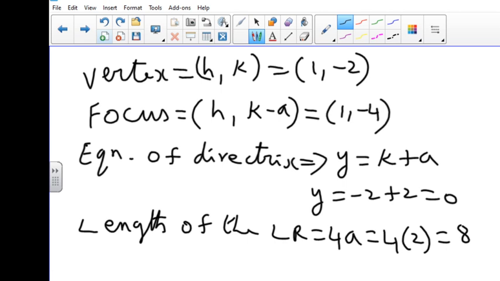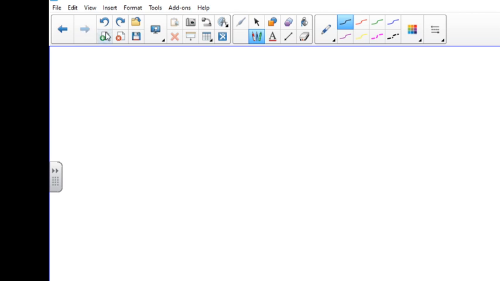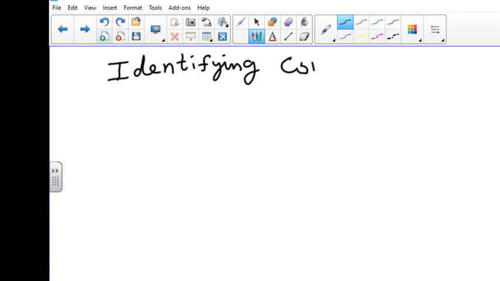Okay, now coming to the next topic, that is identifying the conics. So how to identify conics? We have already seen the general form of a conic.